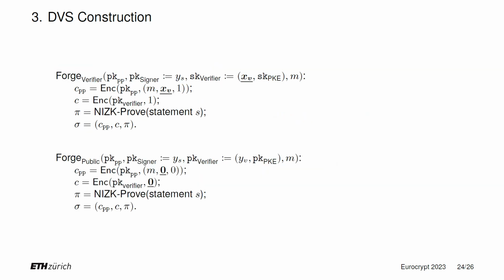In this case, we can just encrypt the bit 0 under the verifier's public key, because the secret key of the verifier will not leak to the adversary. So this will be indistinguishable. And because it is encrypting 0, this C'' does not have to include any secrets, so we can still generate a valid NISC proof. This is the main idea of our construction.